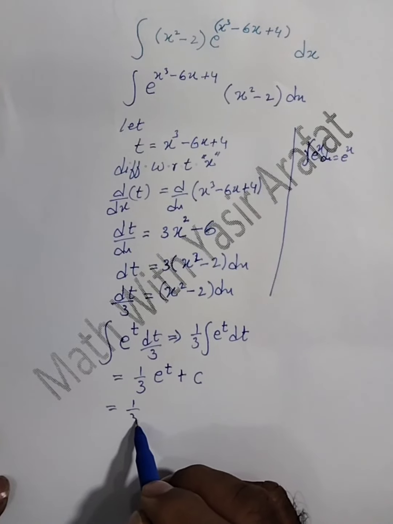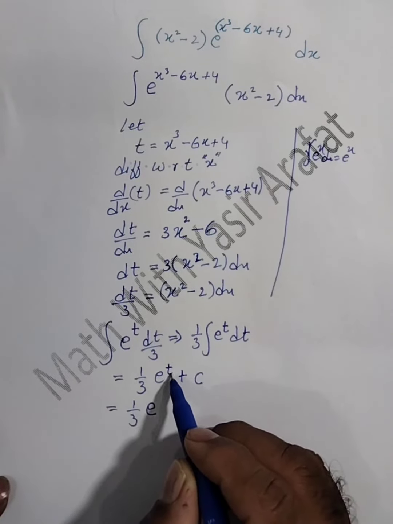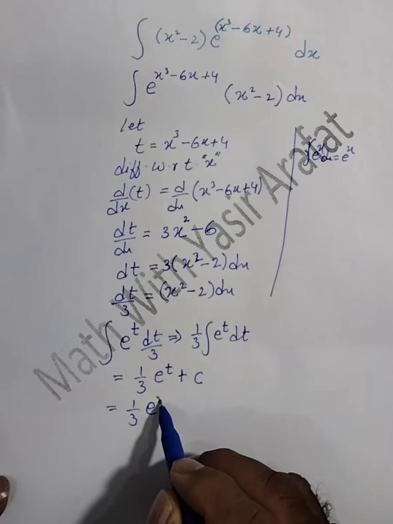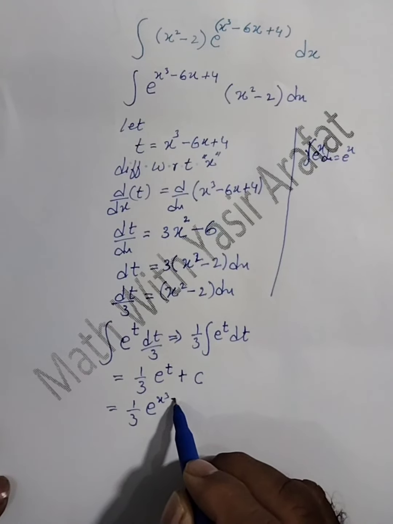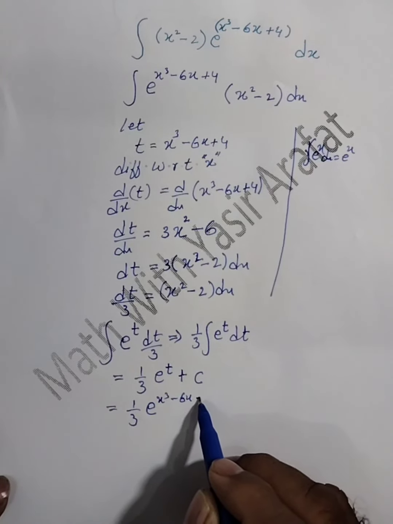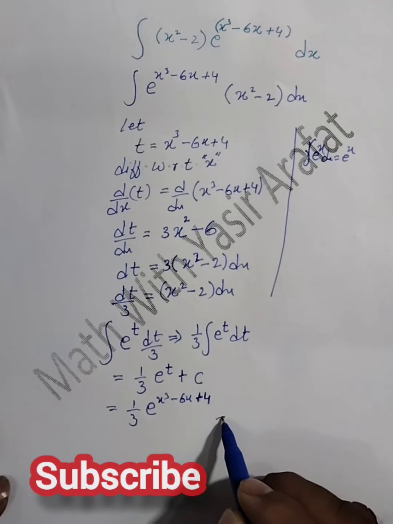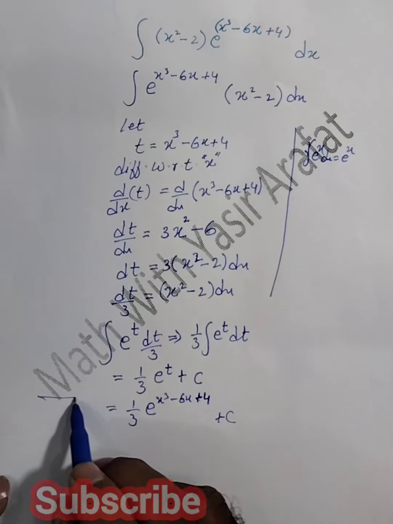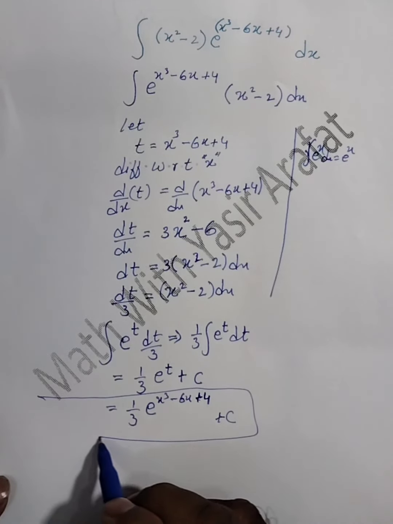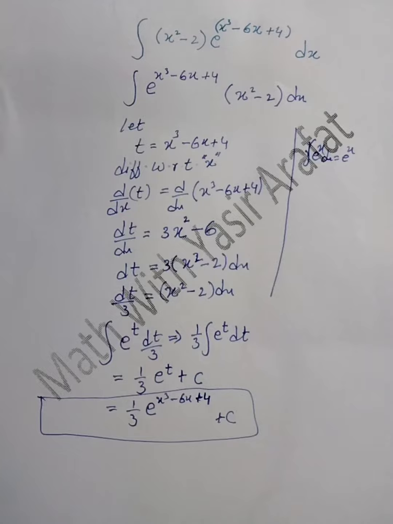Just put the value of t. What is t? It is x³ − 6x + 4. We put the value here, plus c. So this is the answer of this question by using the substitution method.